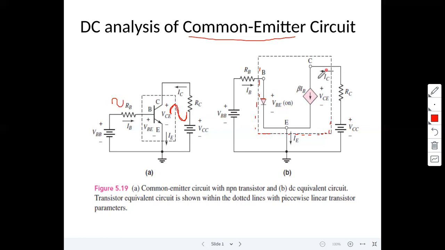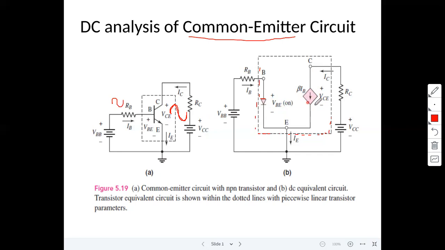Then coming to the collector, already you know a BJT is a voltage controlled current source. So at the output side it represents a current source; the symbol represents the dependent current source.